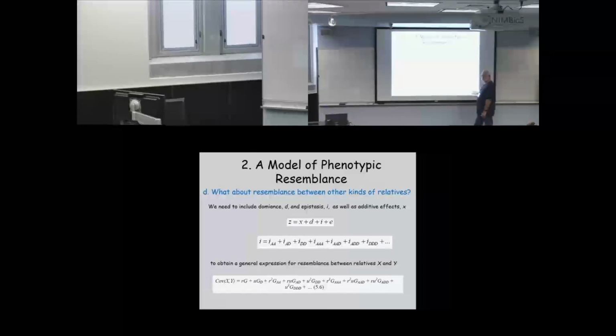All of the terms that involve dominance deviation or epistatic interactions between additive and dominance parts drop out. So the covariance between parents and offspring is just due to this term, additive genetic variance, and this term, the genetic variance due to additive by additive epistatic interactions.